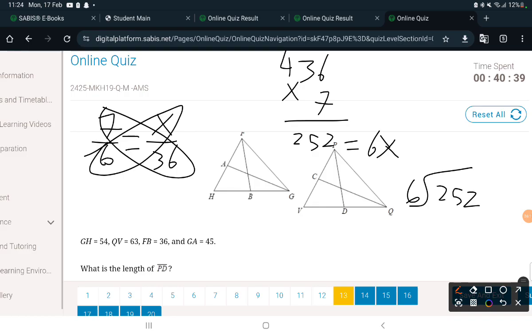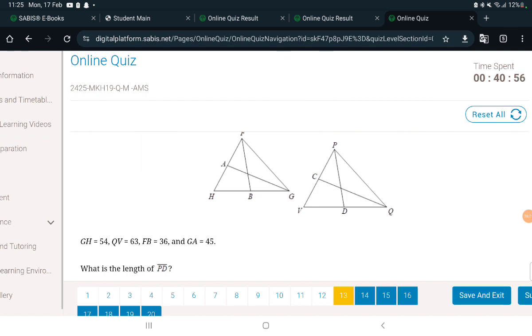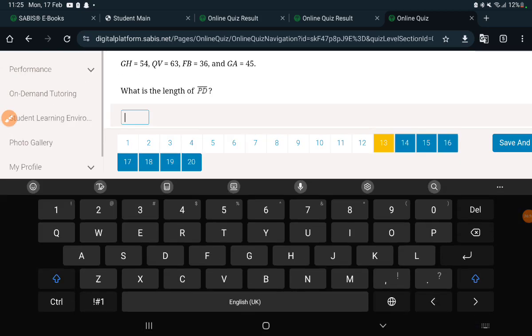Okay, so we could use 24. Drop down the 2. 12 divided by 6 is 2. 42. That's the answer. So PD is equal to 42.